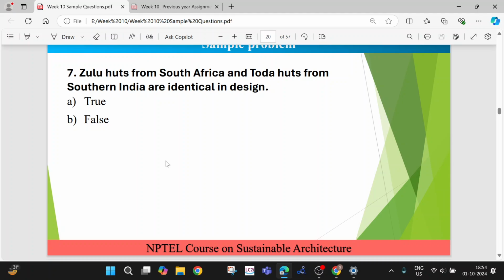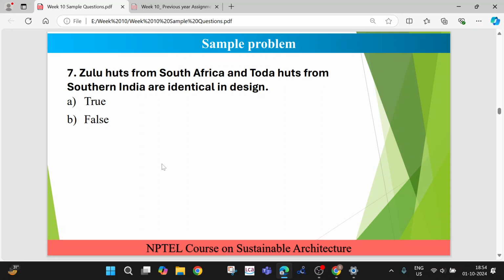Let me correct both of you. These Zulu huts and the Toda huts are using similar materials if you go into detail, but the designs are not identical. You can see the house design examples or photos which have been shown to you. These house designs are not similar, because each has a unique cultural and environmental adaptation.